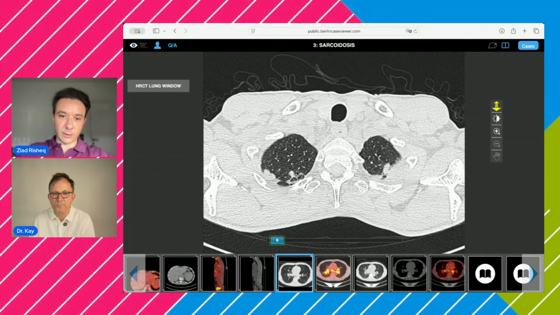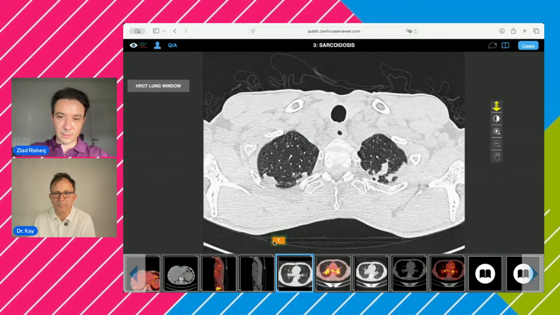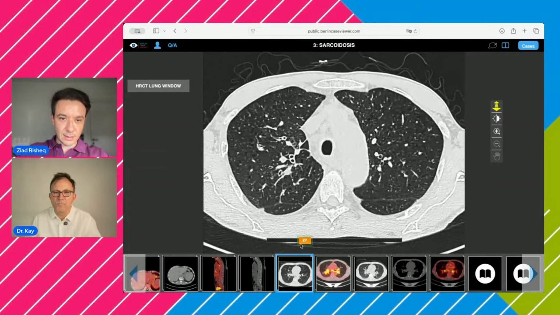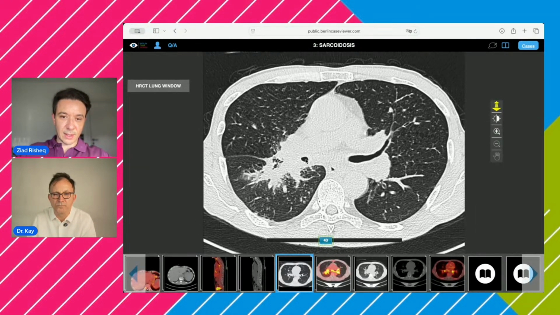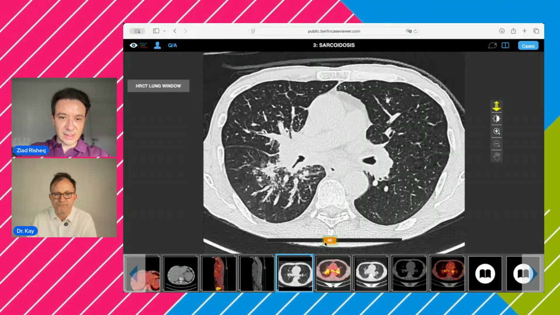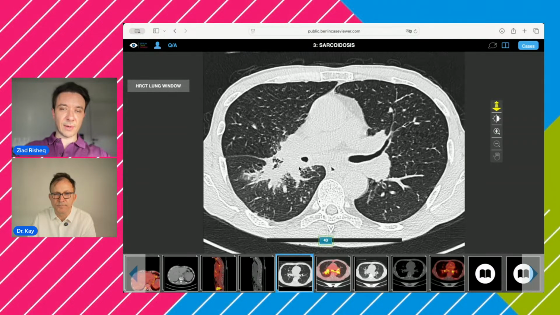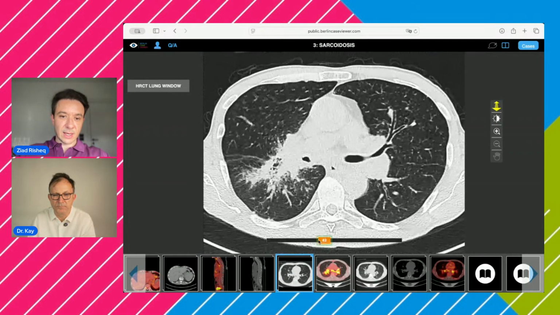So these are the nodular opacities. They appear much better now. And as we go down, you can see the consolidative opacities. It looks like there is a sign called the galaxy sign. Basically, you have coalescent nodules. They form this appearance. It is irregular, with surrounding ground glass.